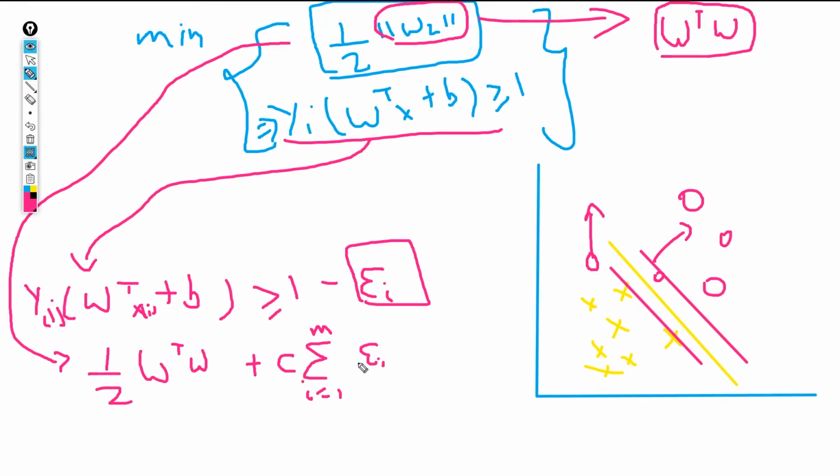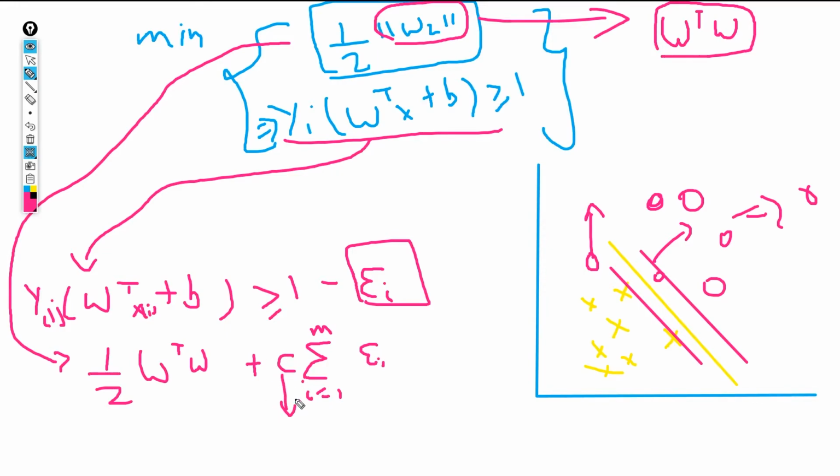If we have some error, then that error is going to be used here. Let's suppose a point is on this side. Then that error is going to contribute nothing, because it is going to be 0. But if some point is here, then that error is going to contribute something. C is a hyperparameter, so you can change the value of C to see how it works.